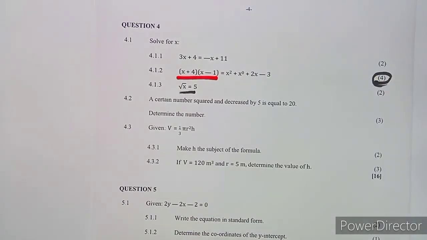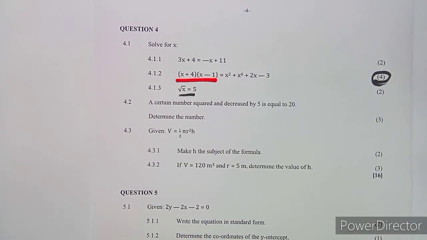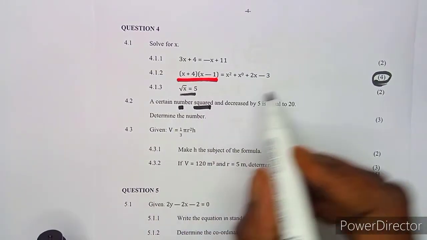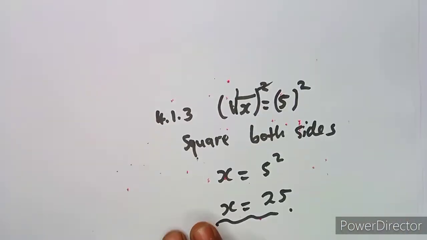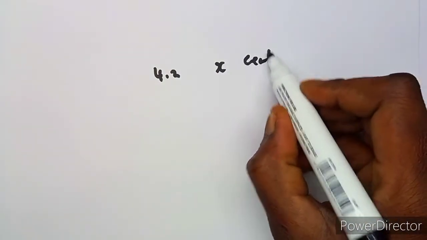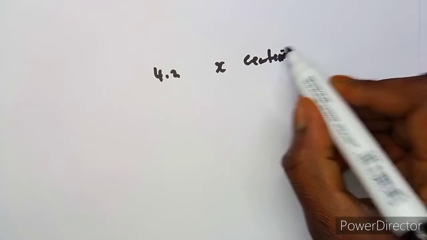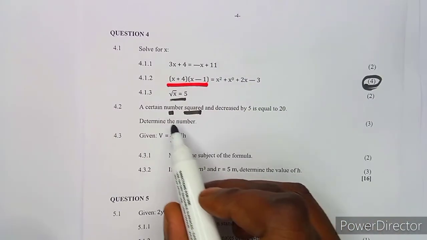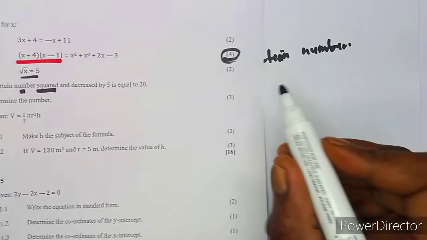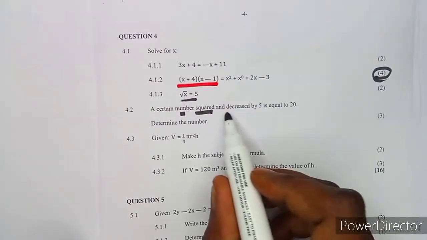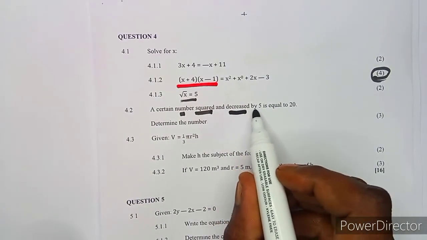All right. Then 4.2, you're given a word problem about a certain number, and we do not know the number. So let's just say let x be the certain number. So x is going to represent the certain number that we do not know. All right, then what happened with this number? When it is squared, that is x squared, and it is decreased by 5.